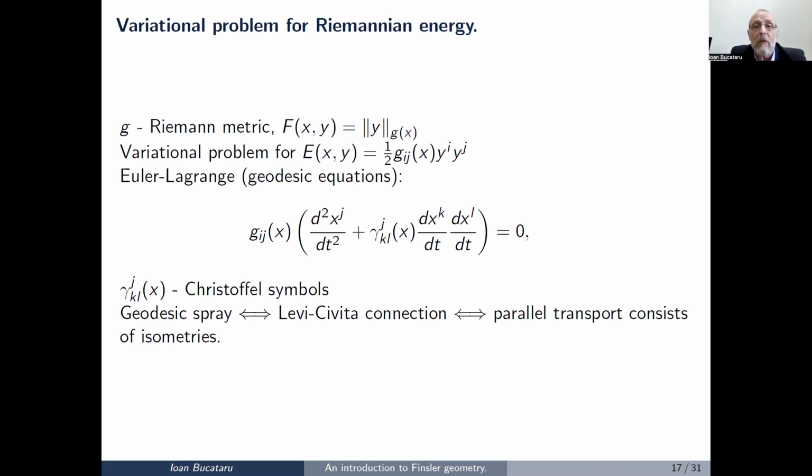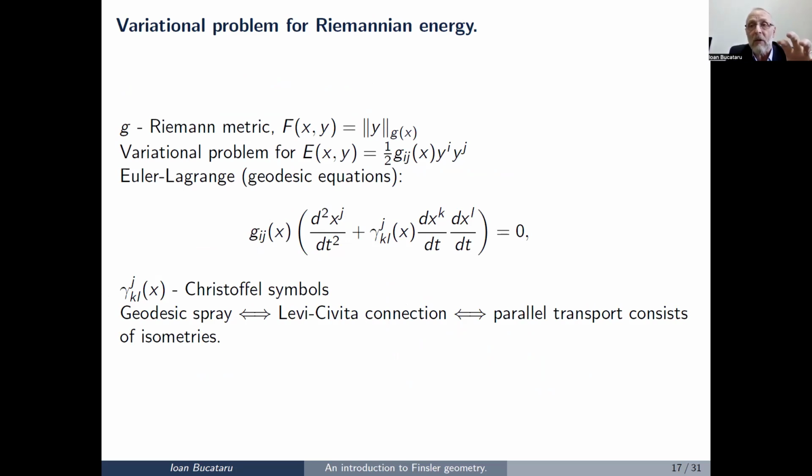At some point, I will be interested in the inverse problem. So again here, if I have the Finslerian norm, I perform the variational equation and I get the geodesic equations, which are a system of second-order differential equations. Sometimes I will be interested in the inverse problem.